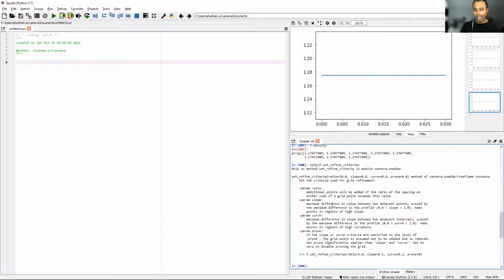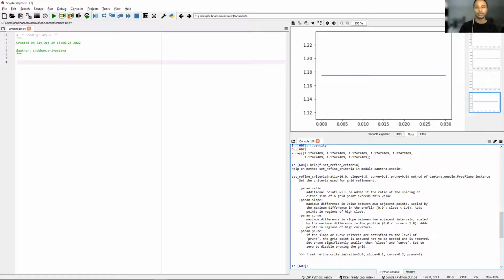Ratio is just the ratio of values of adjacent points. If there are 2 points, Cantera looks at the ratio of their values, and if it exceeds the ratio, it will refine there and add more grid points. The second one is slope, which takes the value difference of 2 adjacent points.